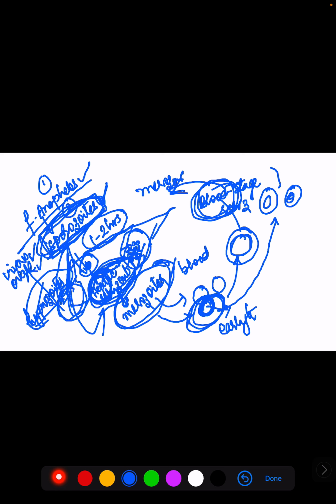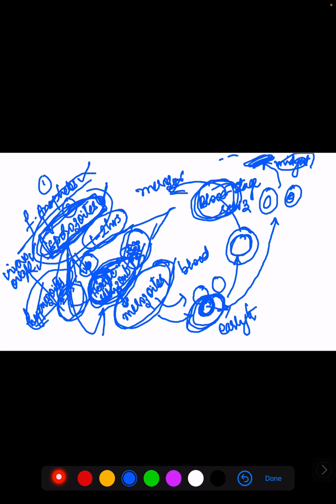It will release all the merozoites again. From the early trophozoite, a few gametocytes occur, and these gametocytes go into the midgut of the Anopheles mosquito and proliferate there. Again, when the mosquito bites, sporozoites are released. So this is the life cycle of the Plasmodium parasites.